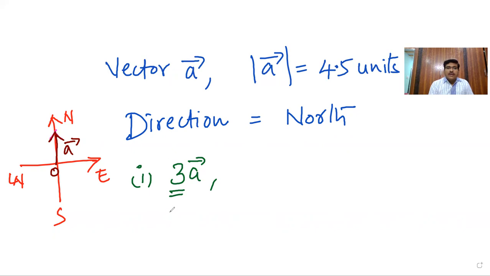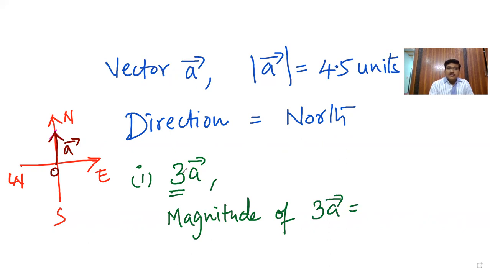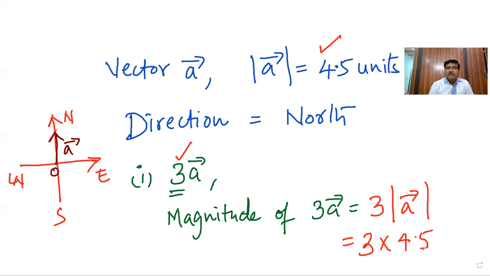What is the magnitude of 3A bar? 3 number multiplied with the magnitude of A bar. So 3 into magnitude of A bar is 4.5. Clear? 3 multiplied with 4.5.